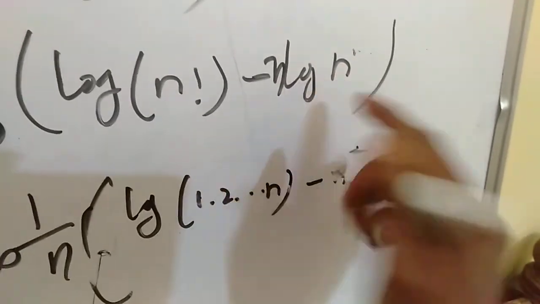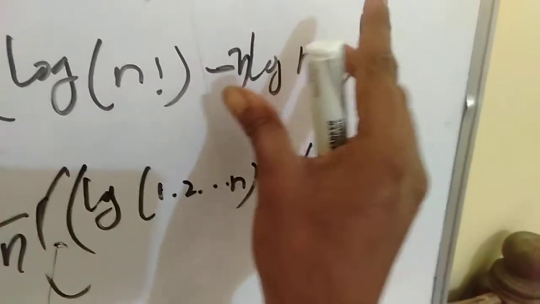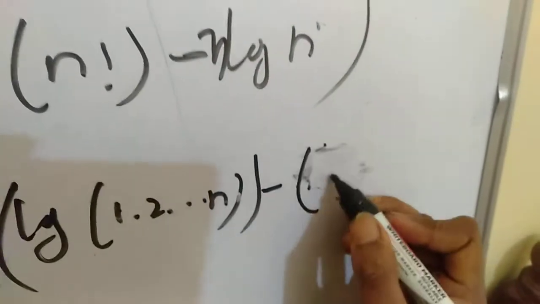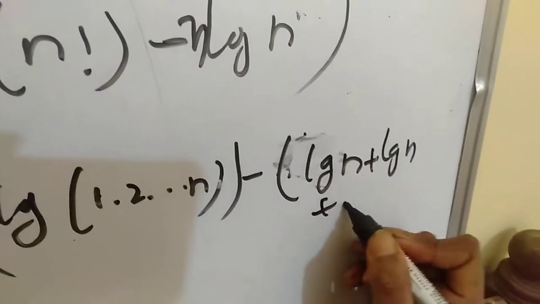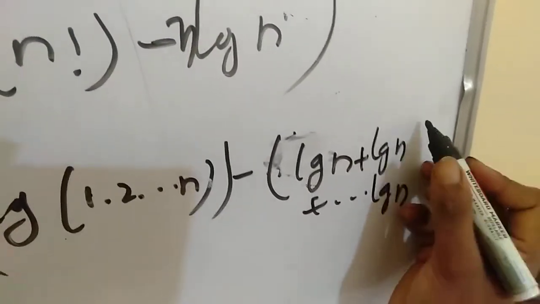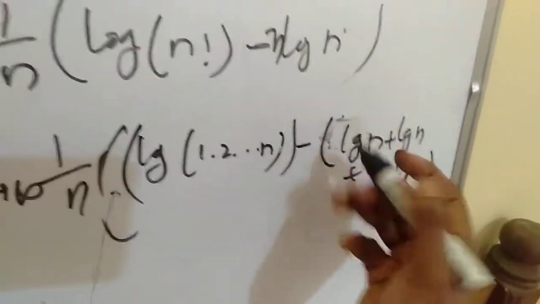Here n log n means n times log n, which we write as log n plus log n and so on, n times log n.